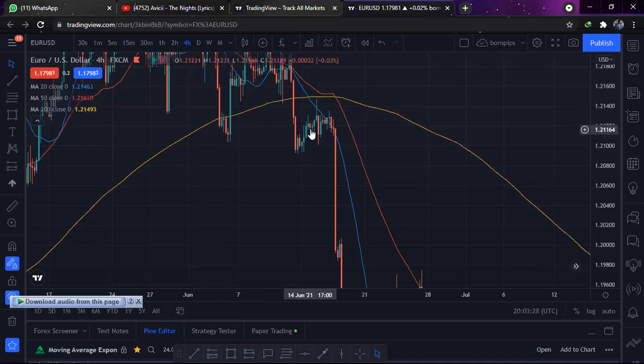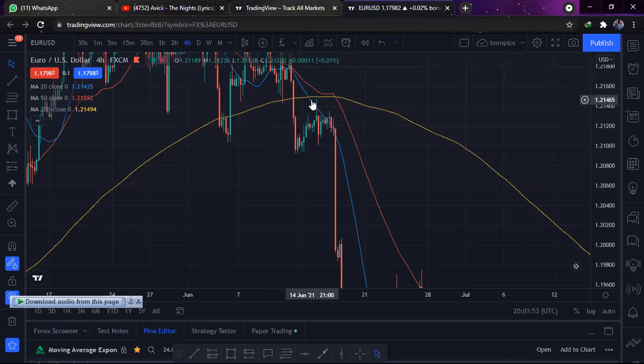I can't use markers because if I click on it, all my chart markups will come on it. Can you see the 20 crossed here, when the candles started closing below.